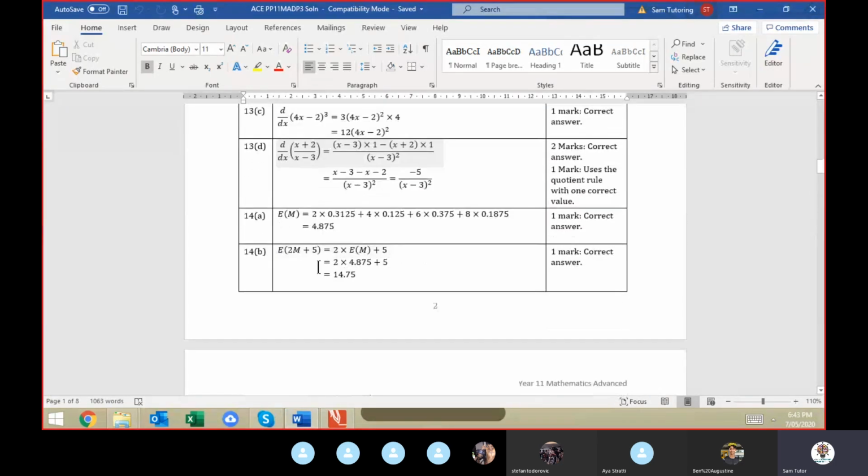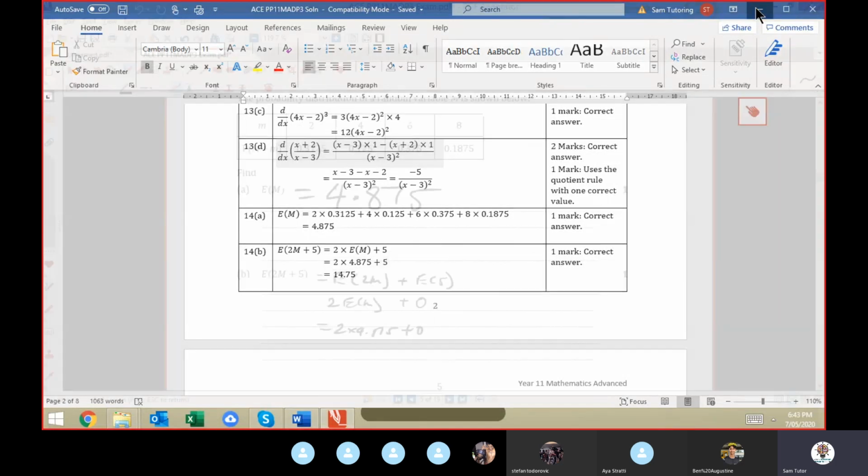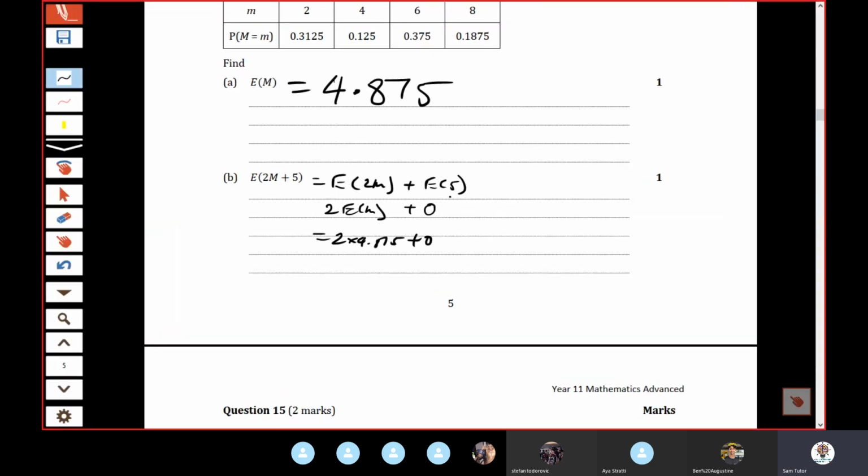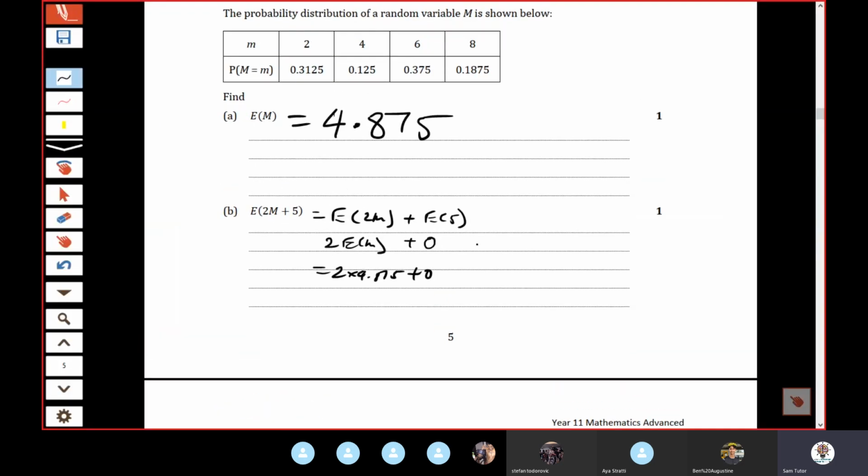Oh, plus 5, of course, actually not 0. Okay, fair enough. Expected value of 5 is 5. That is silly by me. Why was I thinking 0? Variance of 5 would be 0.